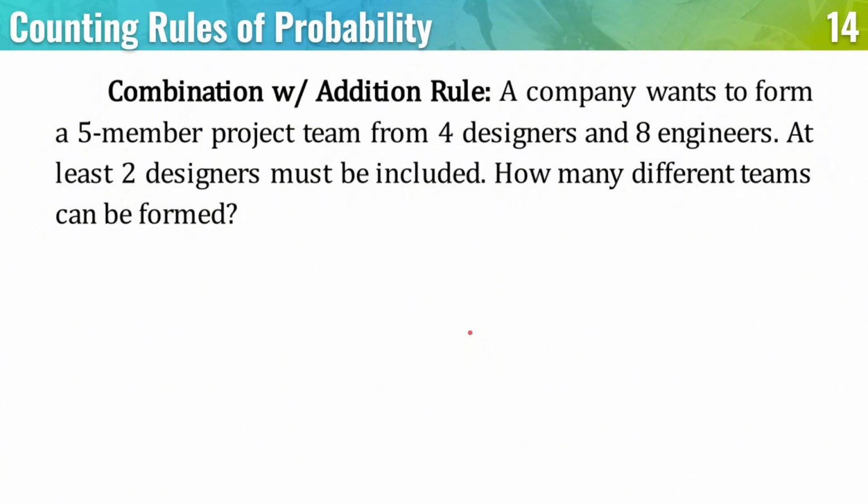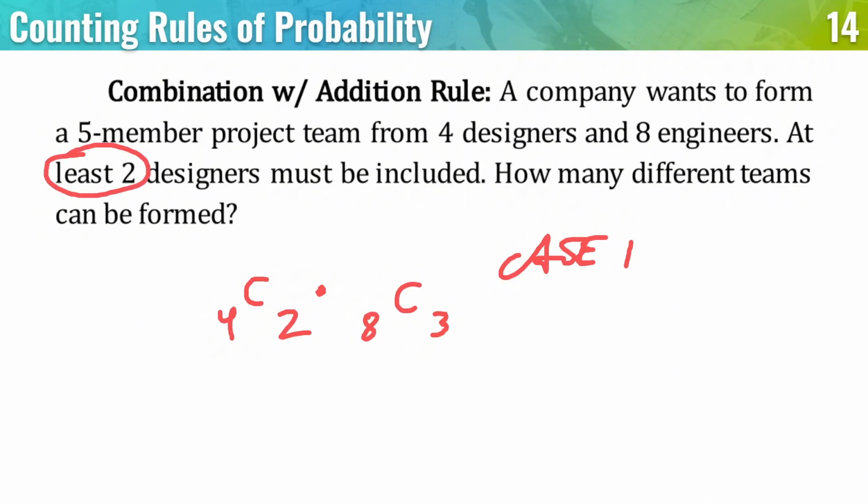Most people would start with the 2 designers and choose them from 4. And then the remaining 3 team members would come from the 8 engineers, right? However, this is just case 1. It says here that there are at least 2 designers. So the designers could be 2, they could be 3, or they could be 4.